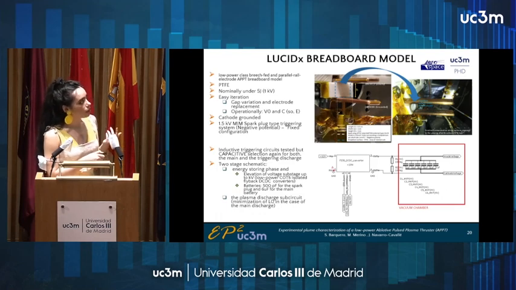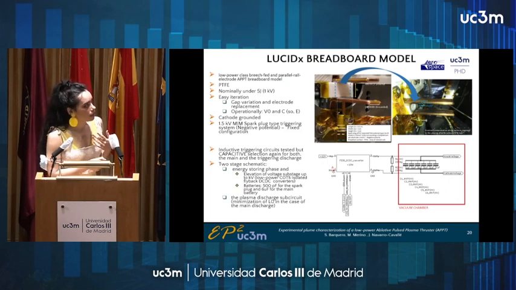Both circuits, the one of the ignition system and the one of the main channel, have basically the same configuration. We have two stages: the electronics, in order to charge the battery, and after that the plasma circuit.